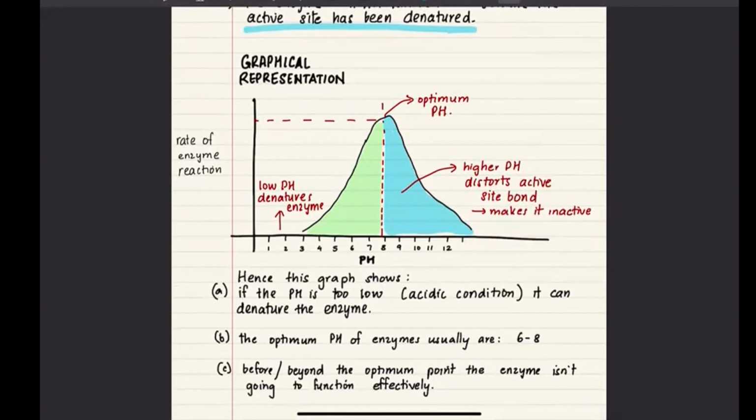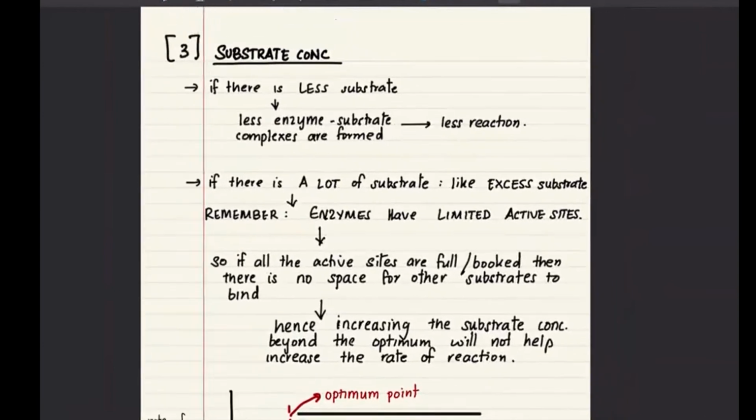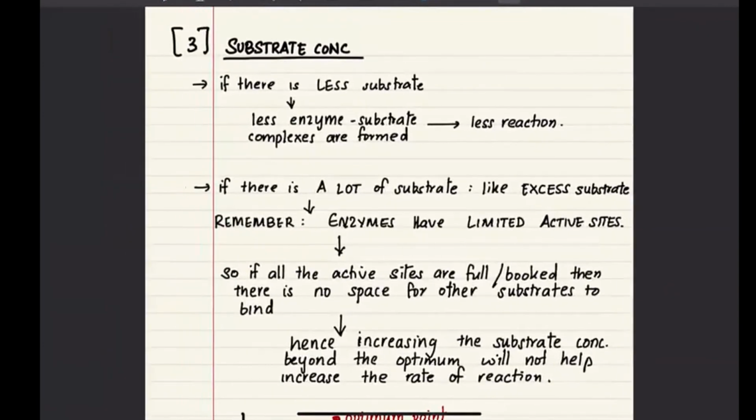So the thing to remember is that if it is before or beyond the optimum point, the enzyme isn't going to function effectively. It may function for a bit, but not as well as when it functions at this optimum point. All right. And the last and final thing is your substrate concentration.